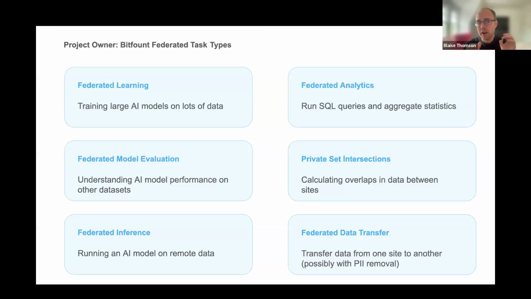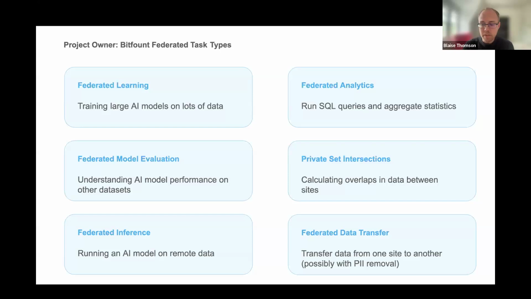On the AI model side, there are things around training the model, evaluating the model, just running the model. And then on the more traditional analytics side, there's running SQL queries and getting statistics. There's this private set intersection that I talked about. And then maybe slightly separate is transferring data after PII removal, which is another thing that comes up for us.